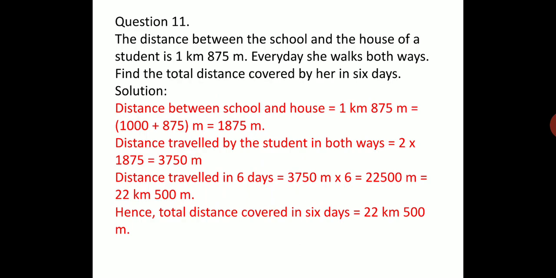One side the answer is 1875 meter, and both sides the answer comes 3750 meter. Now distance traveled in 6 days, so we'll multiply 3750 into 6. The answer comes 22 kilometer 500 meter. Hence the total distance covered is equal to 22 kilometer 500 meter.